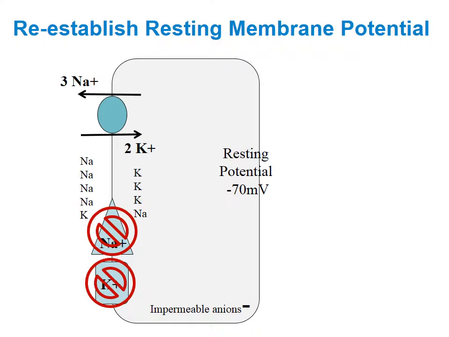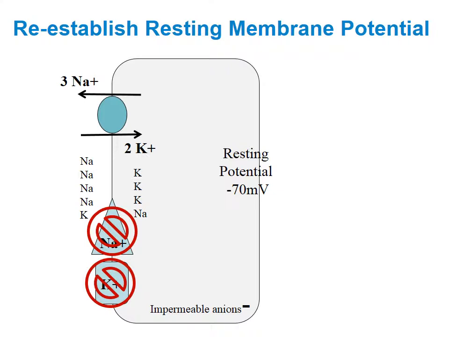To recap, we first made the gradient by forcing ions into position. We then used the gradient by opening sodium and potassium channels in turn and letting the ions move.